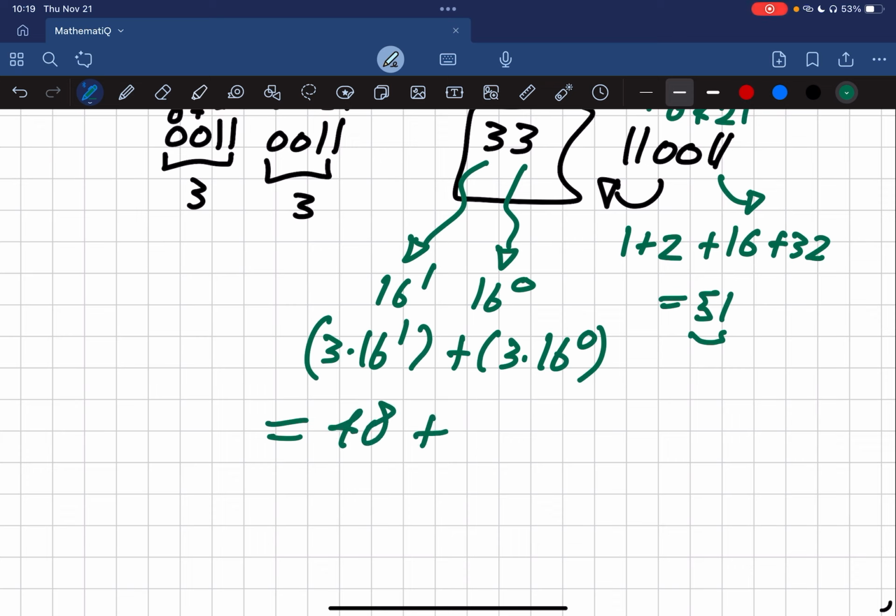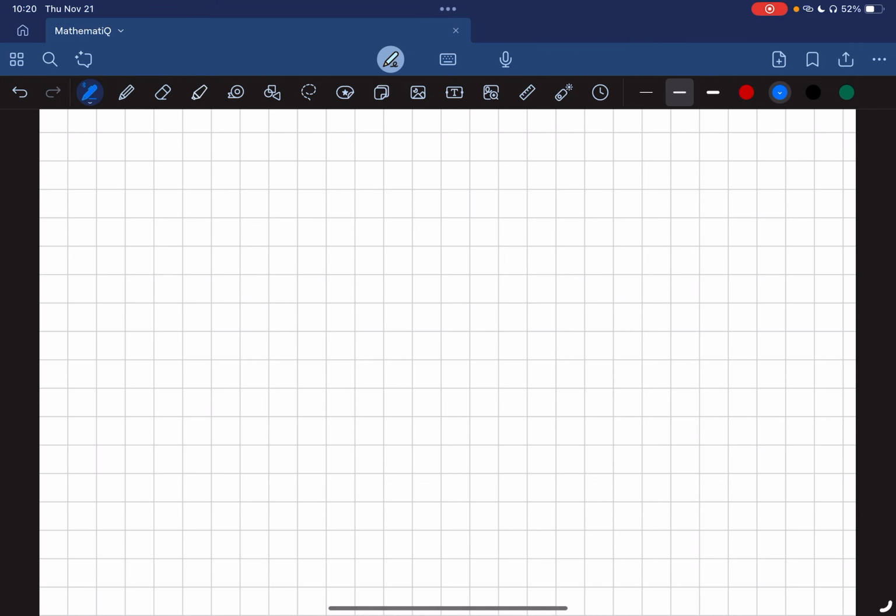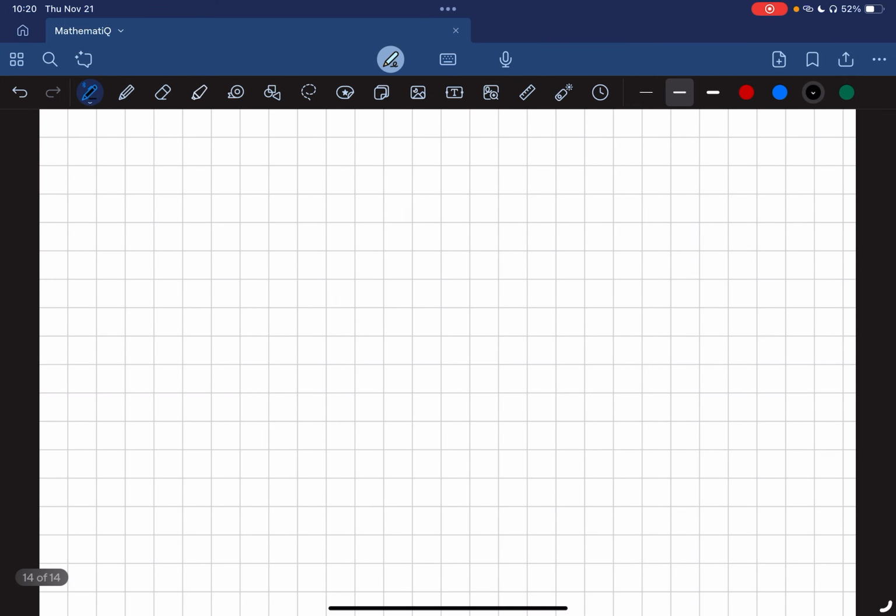And then 3 times 16 to the 0 is just 3, since any number to the power of 0 is 1. So this is once again 51. You can see that these two numbers match and that this is correct. Okay, let's go ahead and do a few more examples. I'll pick a little bit of a larger number so we can see what is going on here.